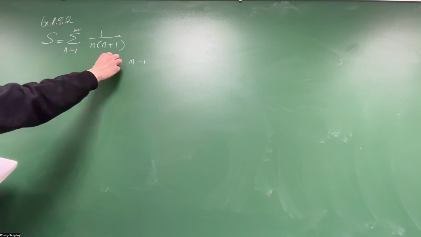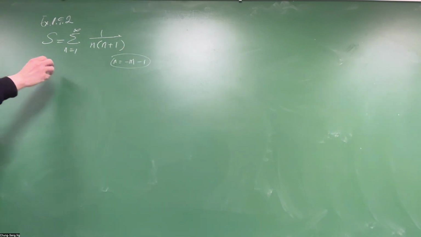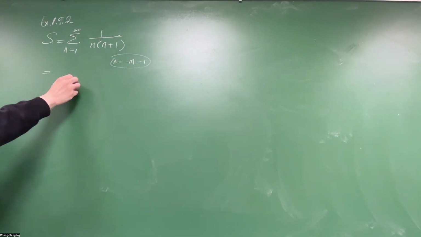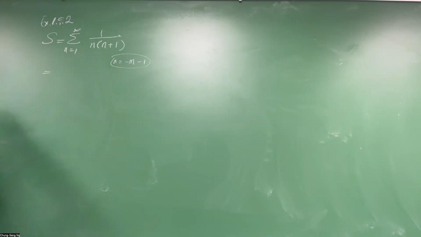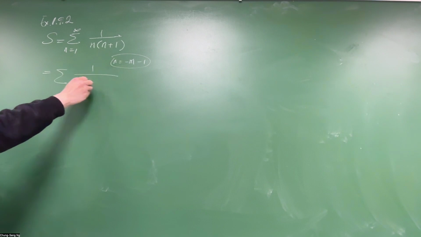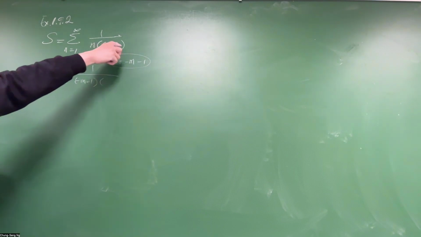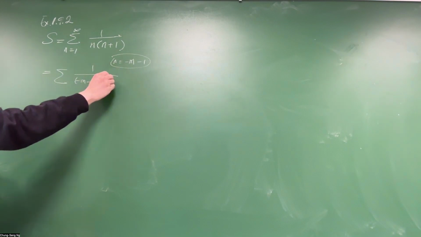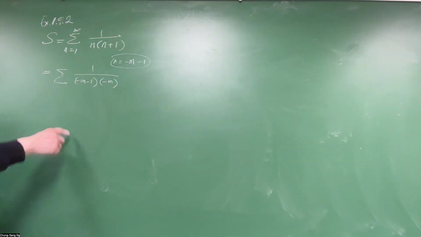So I usually need two steps. I usually cannot do it in a single step. So n is minus m minus one. N plus one is minus m, right?